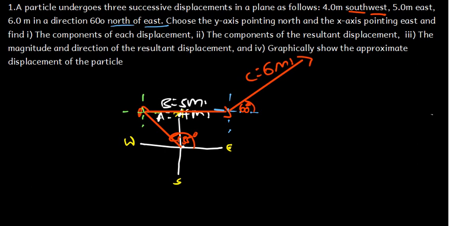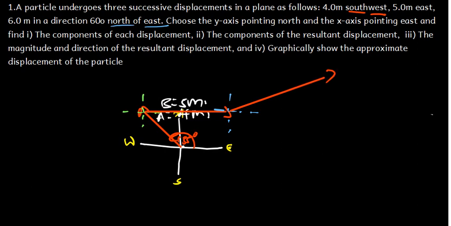Now, to connect the line from the original position all the way to the last one, that would be the resultant. The resultant is going to start from here until it goes there. Although this one was supposed to be like this, we just change it a bit, because it's supposed to be nearer east than north.